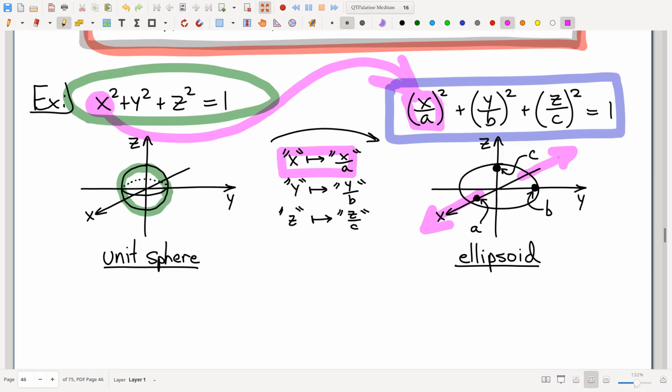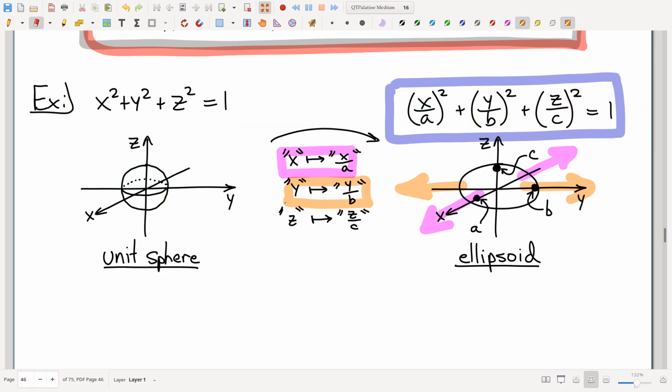And you can probably see the rest of this coming. I replace y with y over b, and that's going to stretch in the y direction by a factor of b, and likewise for z. So, is everybody good with the details so far? Okay, so here's the strategic summary.